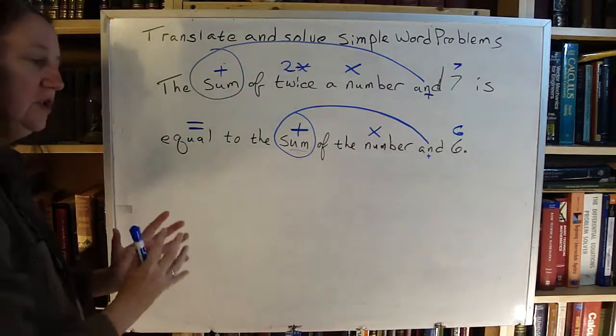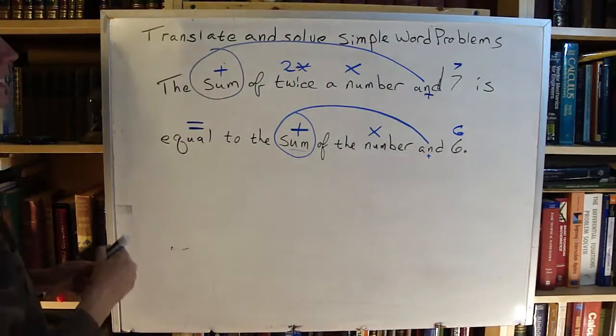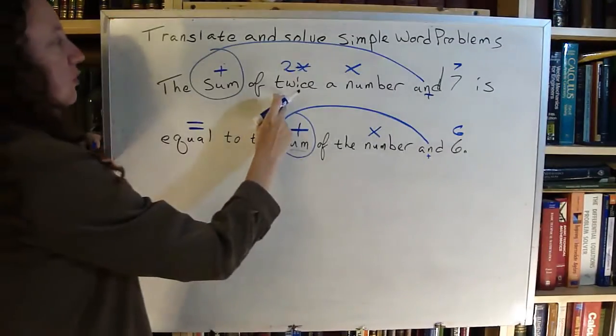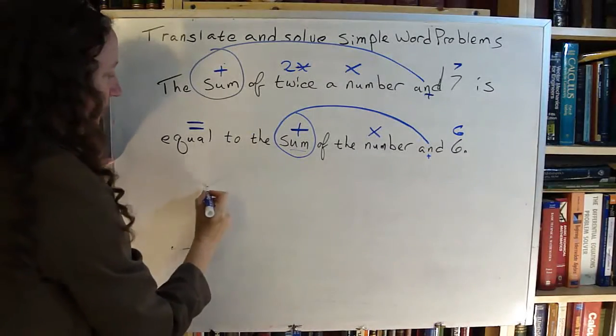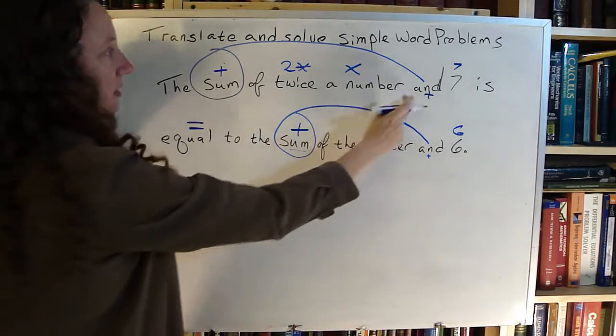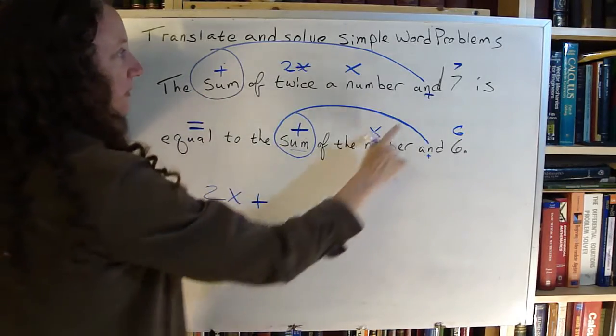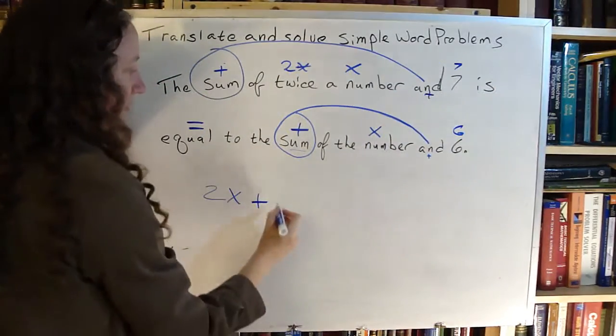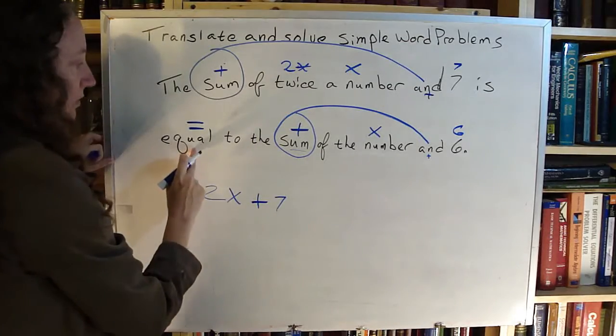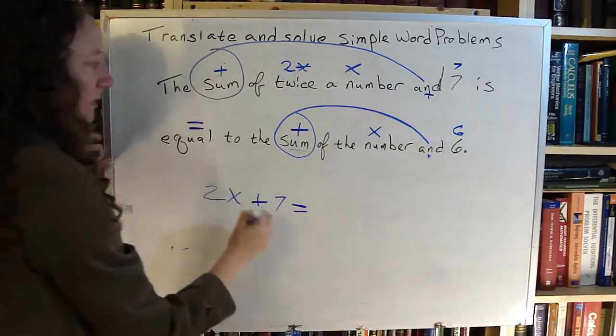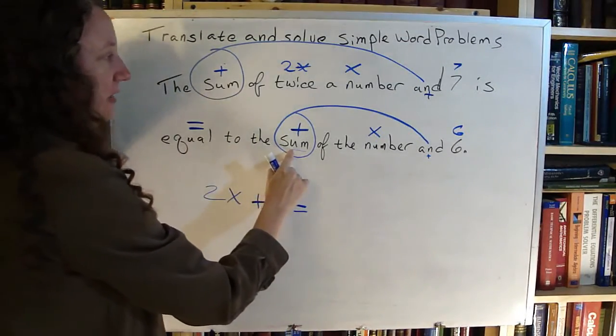So now I'm going to squeeze all of this together. I have twice a number, 2x, and reaches back for the sum, plus 7 is equal to the sum of the number and 6.